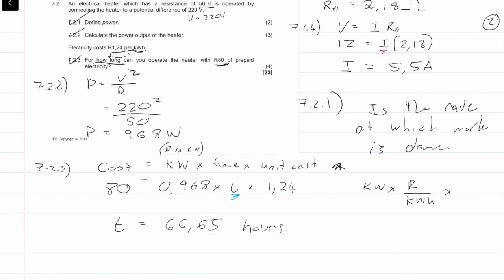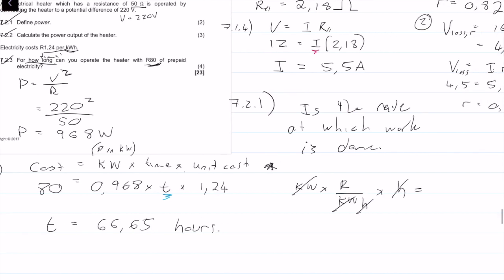If I did this, these units cancel, and I'm left with cost, which is rand. So that's how I got to that equation.